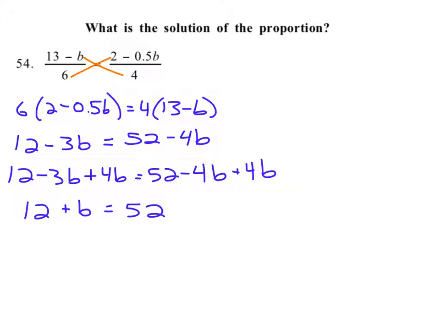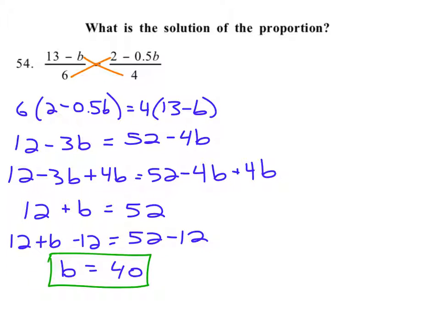It's got 12 being added to it, so we need to do the inverse operation of minus 12. Write what's already there, and then write the minus 12. On this side, write what's already there, and then the minus 12. And you get b is equal to 40. That's it.